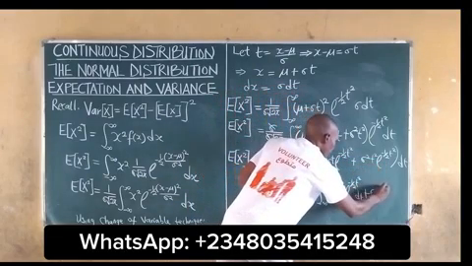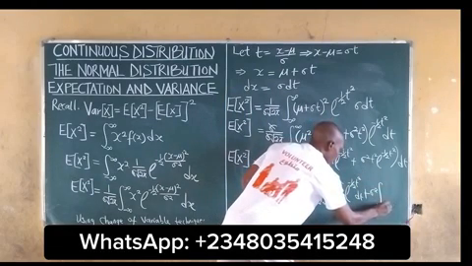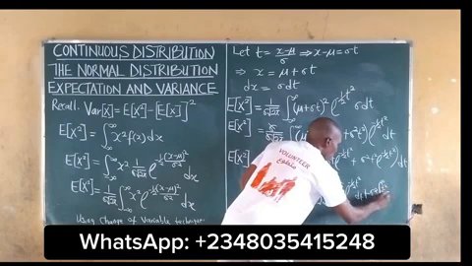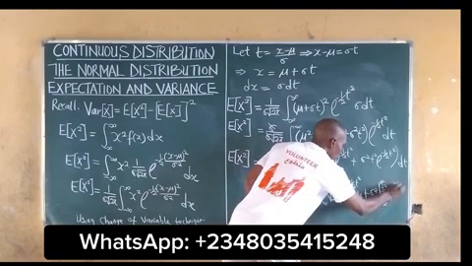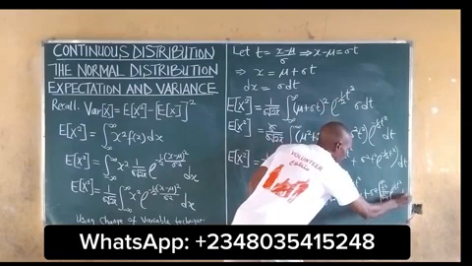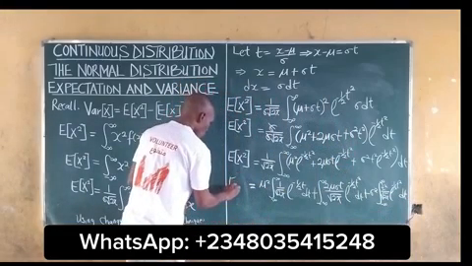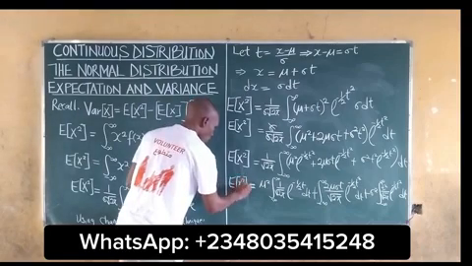We have the integral from negative infinity to infinity of t squared all over square root of 2 pi exponential negative 1 all over 2 t squared, then dt. That is it. So we have it as our expected value of x squared.